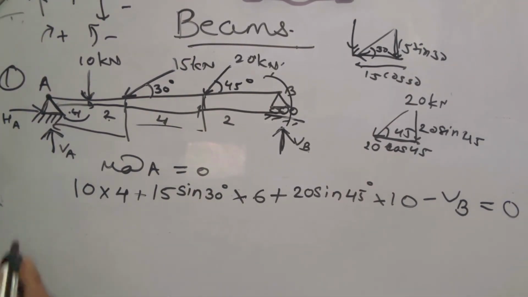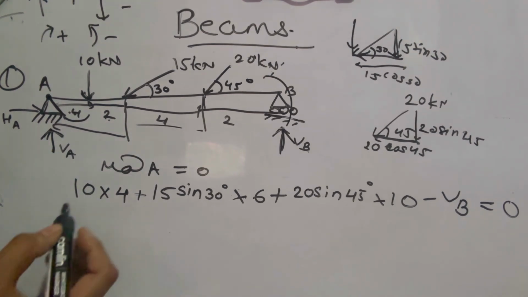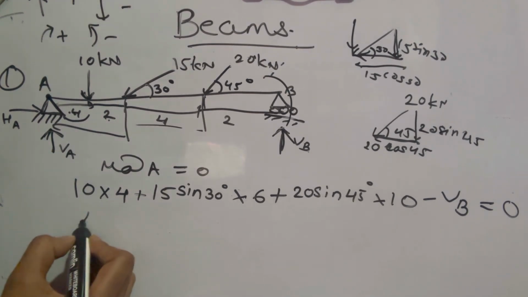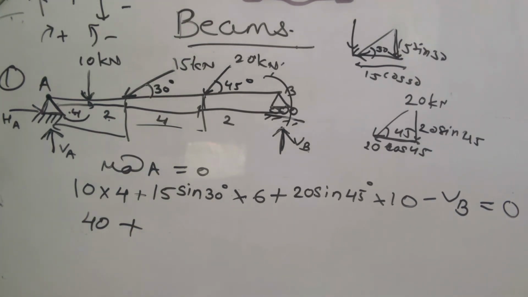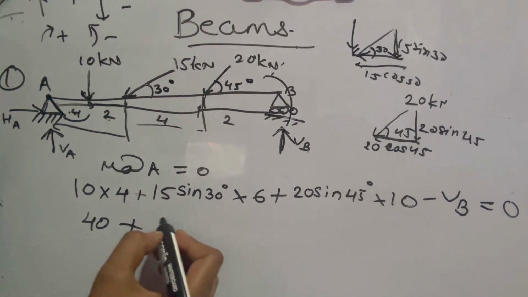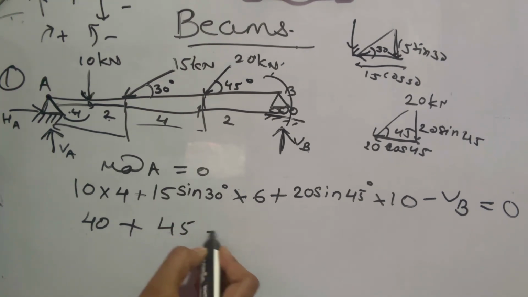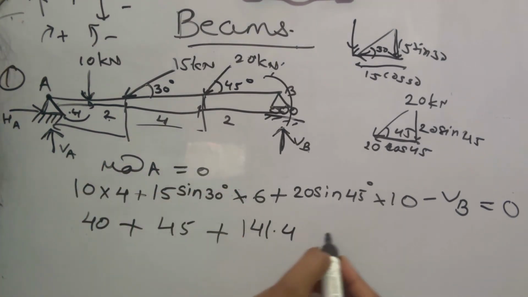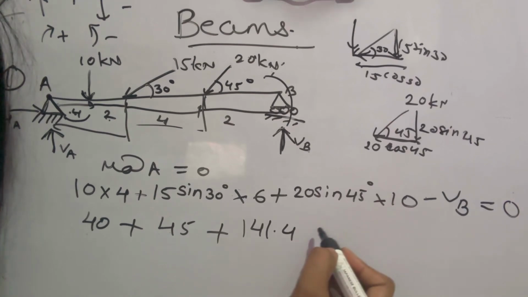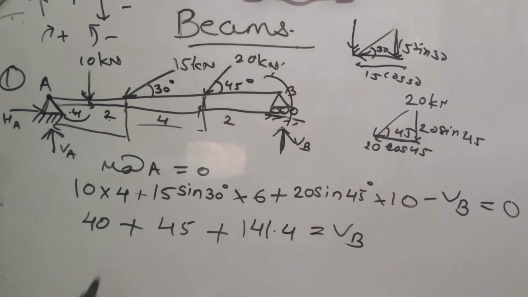Okay, now calculate this. 10 into 4 is 40 plus 15 sine 30 into 6, you get 45. 45 plus 20 sine 45 into 10, you get 141.4, and VB I am taking to this side, so it will be positive VB.